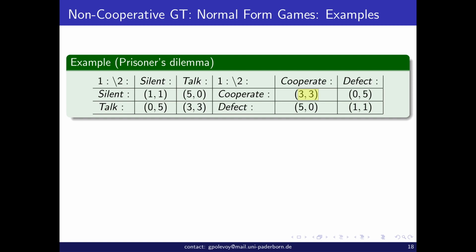But formally, if they only care about that, regardless of anything else, it's reasonable to predict that they are both going to defect, or in the language of the previous story, they're both going to talk with the investigator, and both are going to be worse off than they would be if they had cooperated, or in the language of the previous model, if they had been silent.